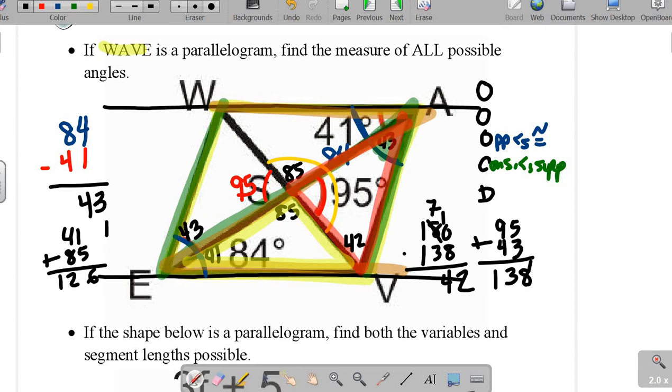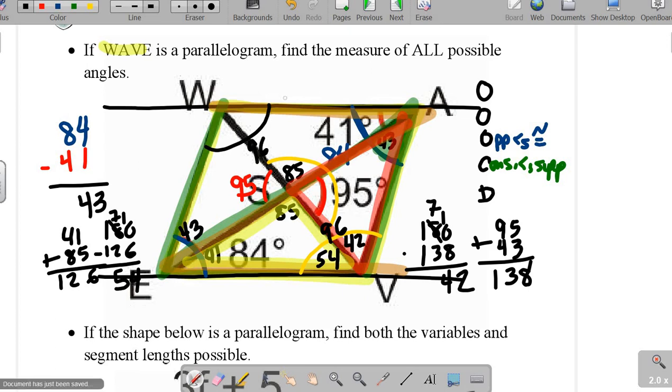Get 126, take that away from 180. And we get 54, which you can check your work by adding 54 and 42. We get 96. That means this is 96.